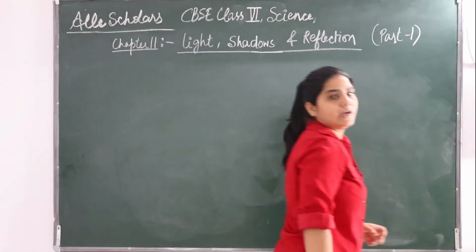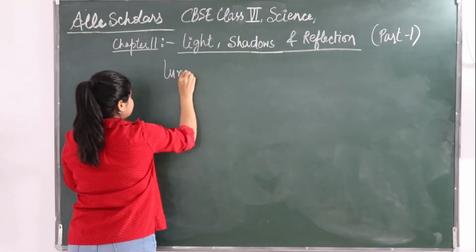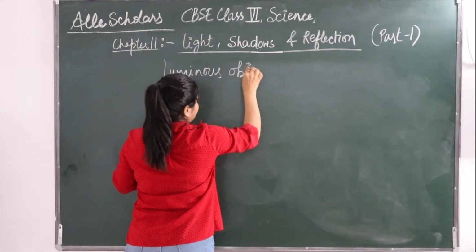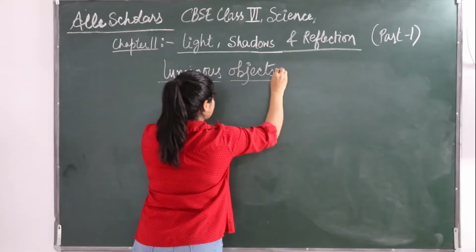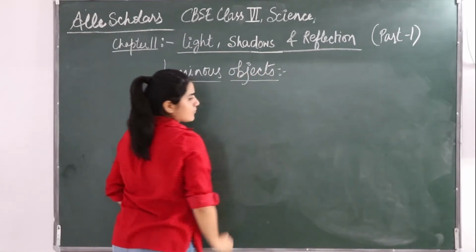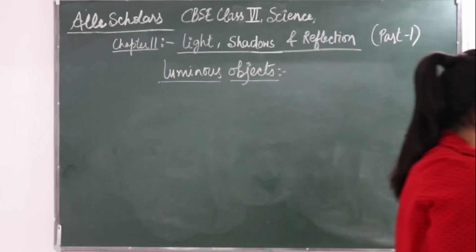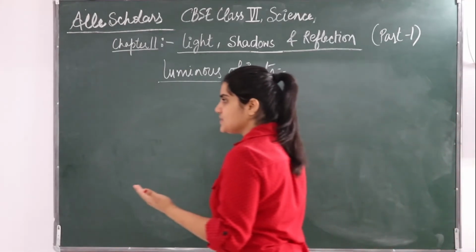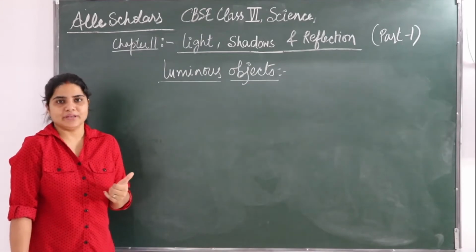First we are going to see what a luminous object is. Luminous objects are the objects which can produce light on their own. All those objects that produce light of their own are called luminous objects.